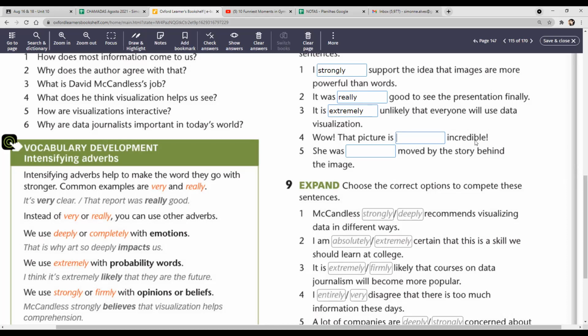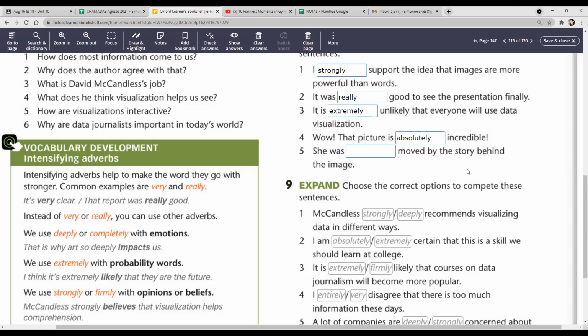It's something that is beyond good. So in this case, I can't use the intensifier very. I have to say really or absolutely, okay? Because incredible is already extreme. Okay, guys? So that picture is absolutely incredible, or that picture is really incredible. Okay, two possibilities here.